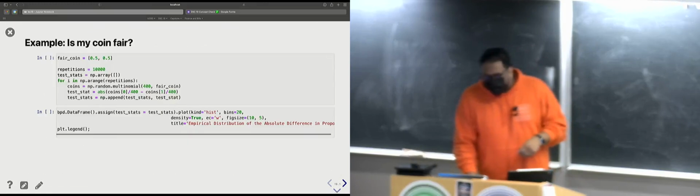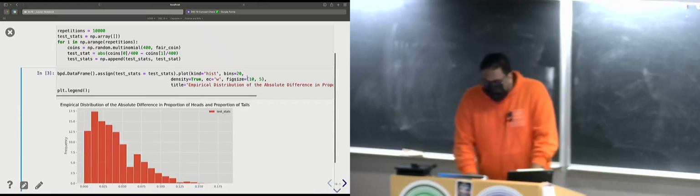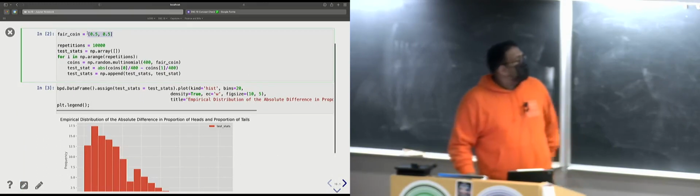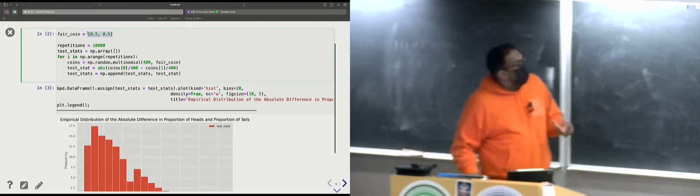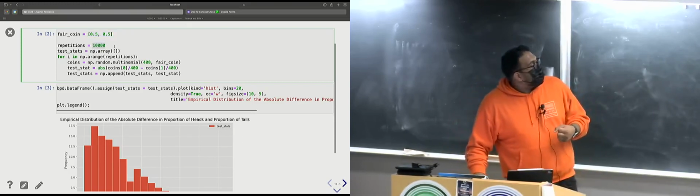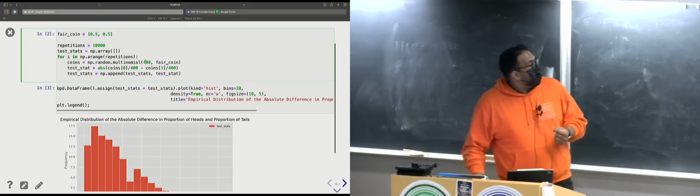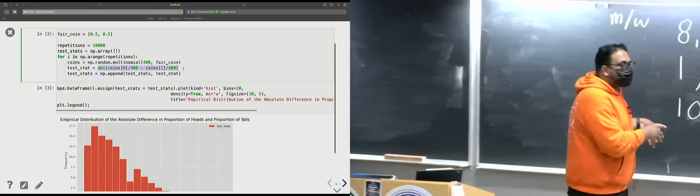Okay? And so let's draw a picture here. Notice all I'm doing here is I'm simulating data under the assumption that I have a fair coin, or under the assumption that the null hypothesis is true. So 10,000 times, I flipped this coin 400 times, and each time I computed my test statistic, which is option B from the most recent question. Right?